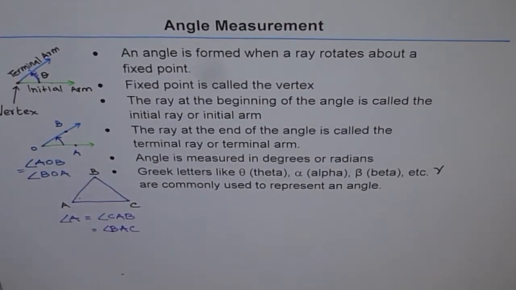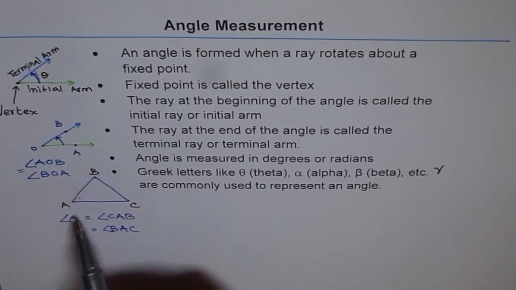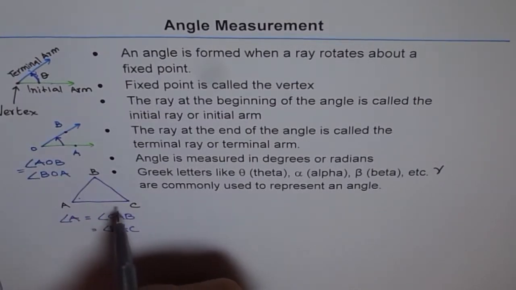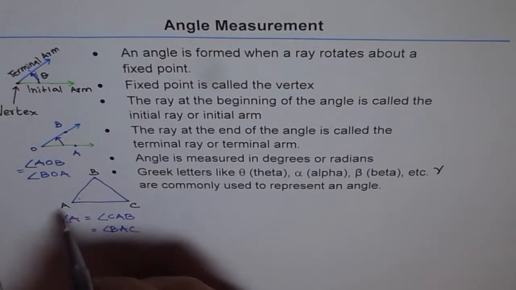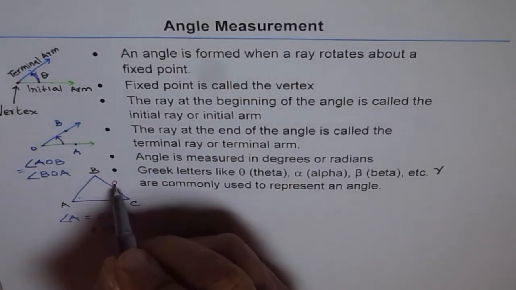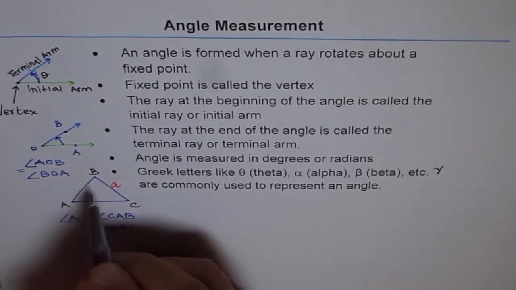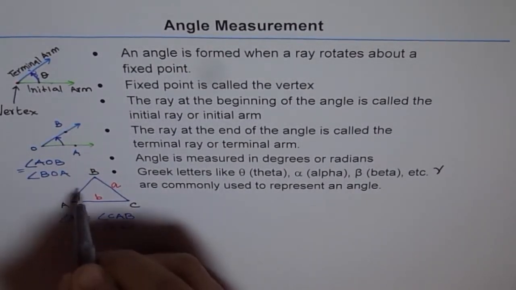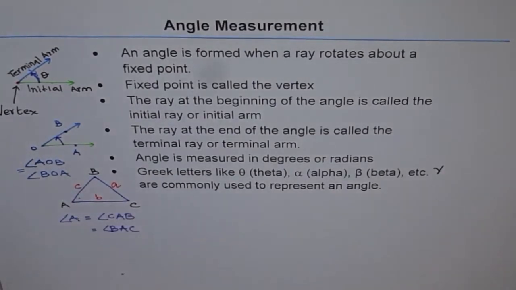Either way, it means the same. So we use angle A as capital A. Just a reminder, capital letters are used for angles, and small letters for sides: the side opposite to A in a triangle will be small a, opposite to B will be small b, and opposite to C will be small c. So we have kept capital letters for the angles, right?